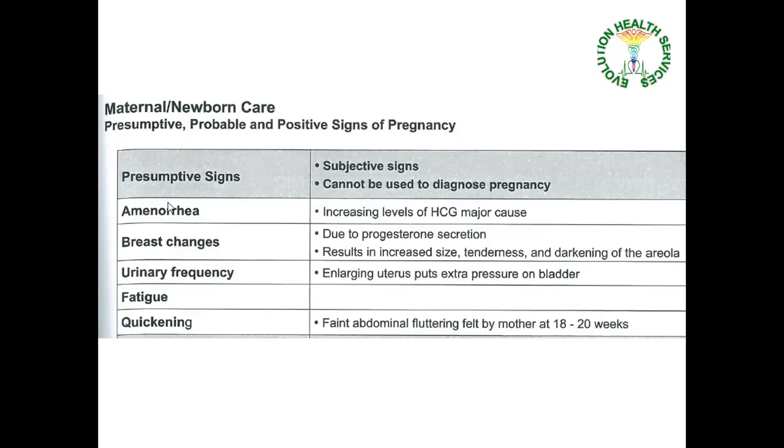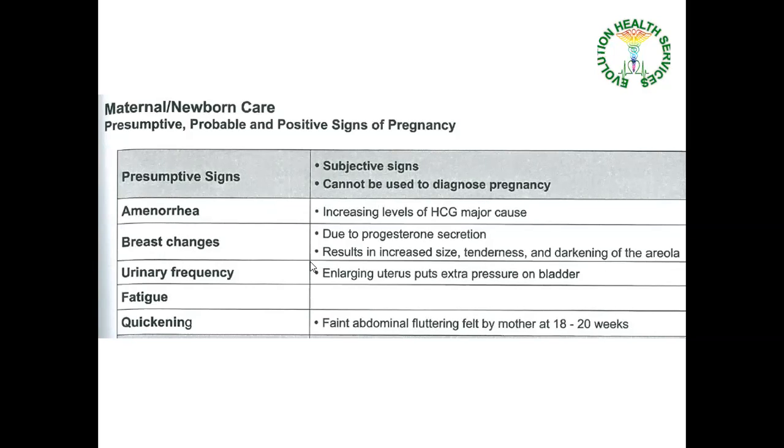Also, mothers sometimes complain of nausea and vomiting, urinary frequency, or breast changes, and the mother feels easily fatigued, and quickening, right? Basically, pregnancy increases the level of HCG. HCG means human chorionic gonadotropin hormone.